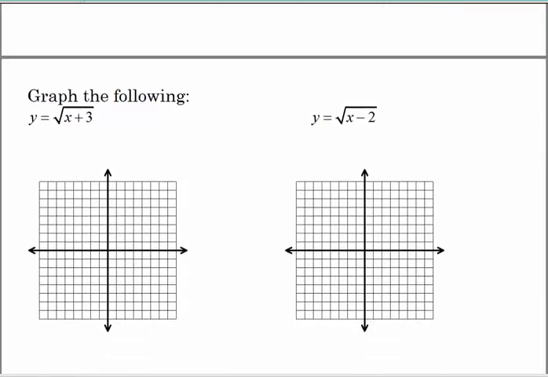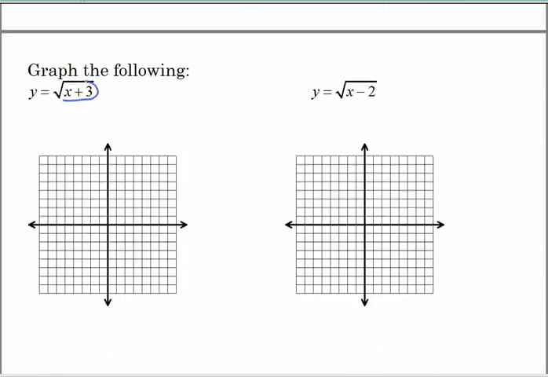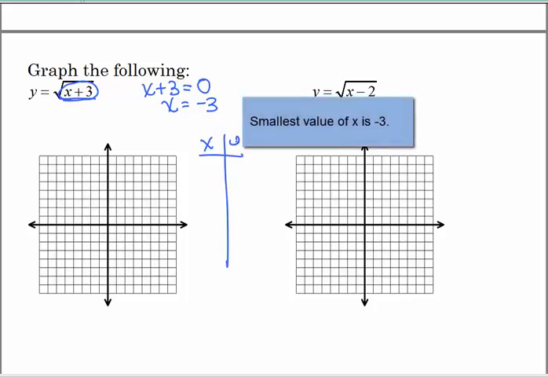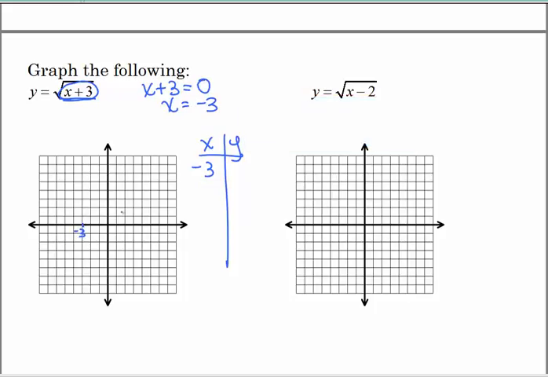So as we graph this one, I want you to think about what's the smallest thing I can let x equal. In other words, the smallest thing this expression can be is 0. So if I solve for x, -3 is the smallest thing x can be. And then we want to go bigger than -3. Now remember, bigger than -3 is like -2, -1, 0, in that direction.